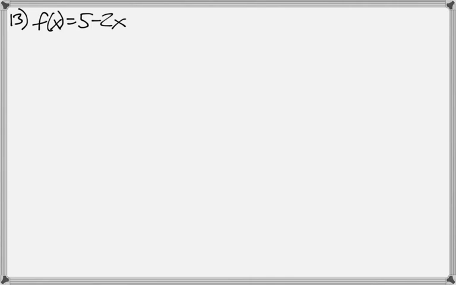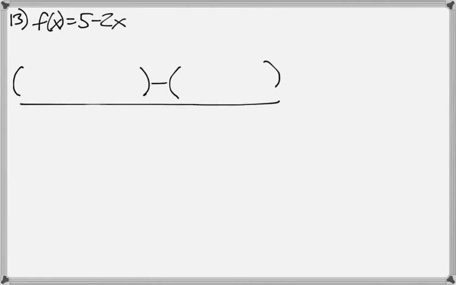So here, I'm going to make a lot of parentheses. So they want us to have f of x plus h. So this is the function with x plus h plugged in.